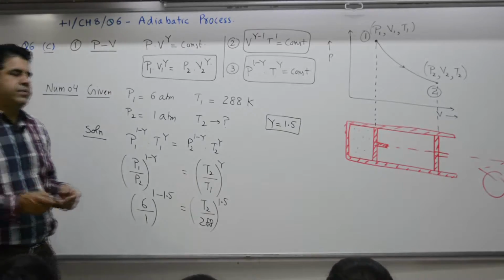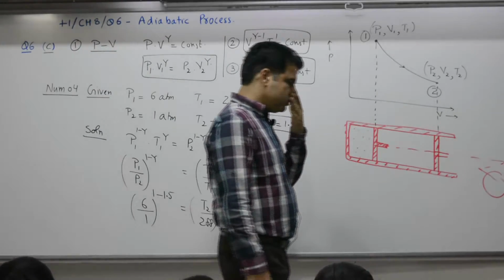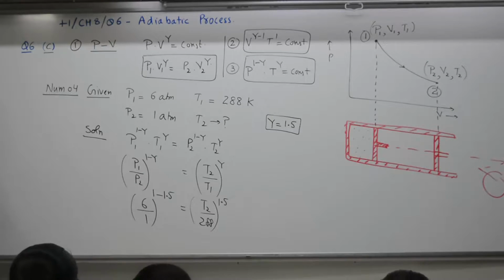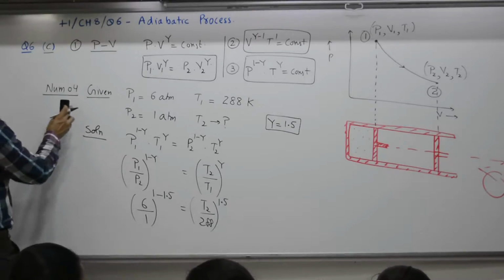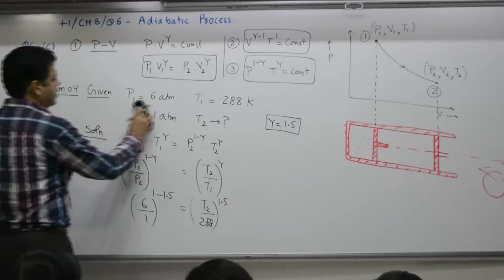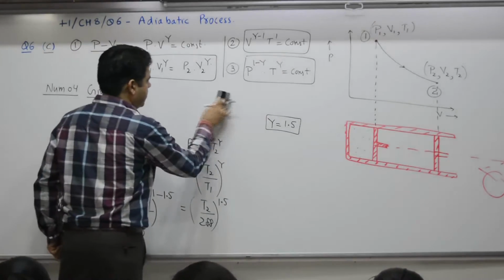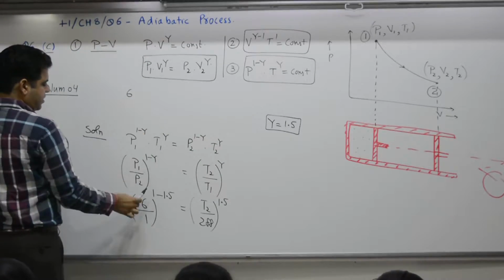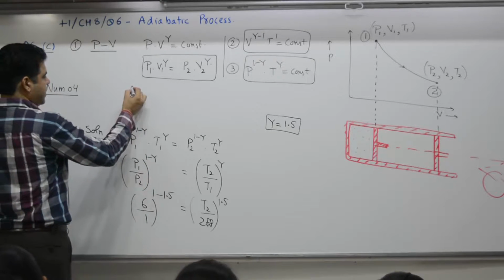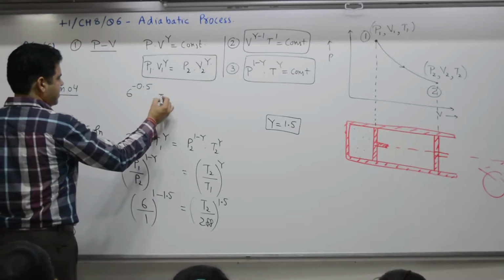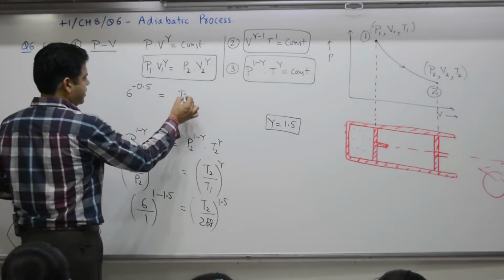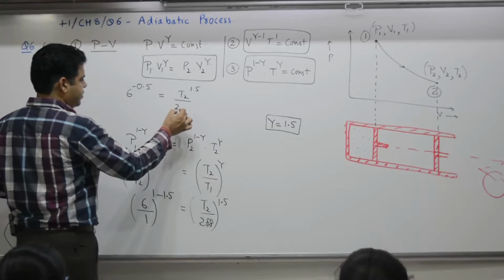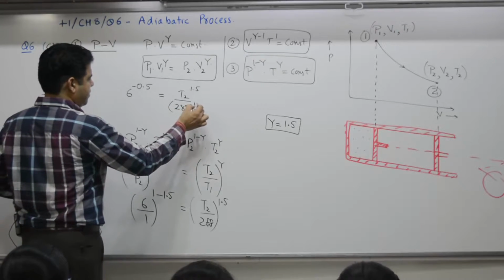Find T2. We get 6 power 1 minus 1.5, that is minus 0.5, is equal to T2 power 1.5 divided by 288 power 1.5.